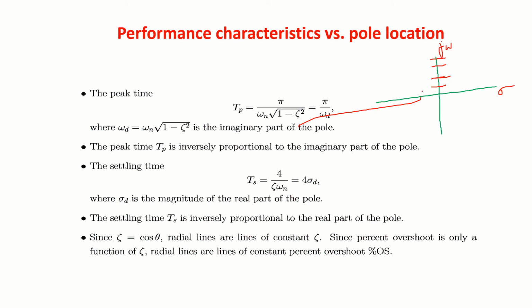So suppose I keep on increasing this value, peak time decreases. Correct now? If I go on moving in this direction, means I go on making my imaginary part larger and larger, peak time decreases. What is the meaning of that?